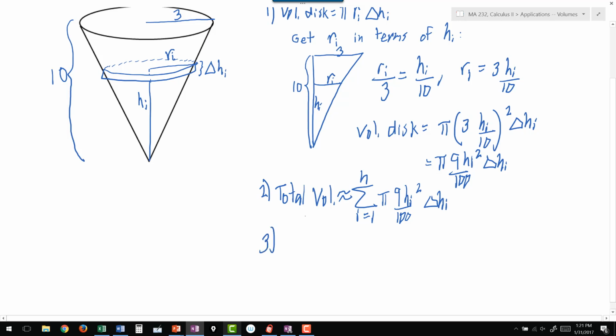And if the total volume is roughly equal to the sum of n slices, then I would have a better approximation with more slices, and in fact an exact value if I take the limit as the number of slices goes to infinity.